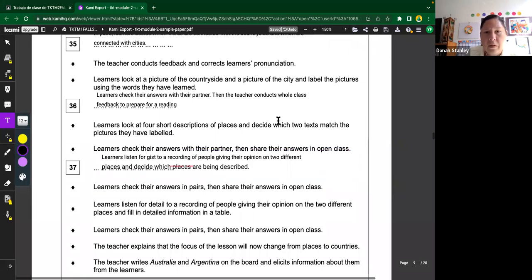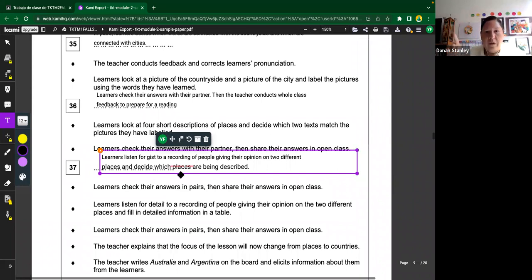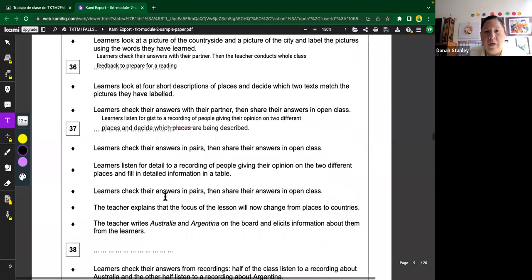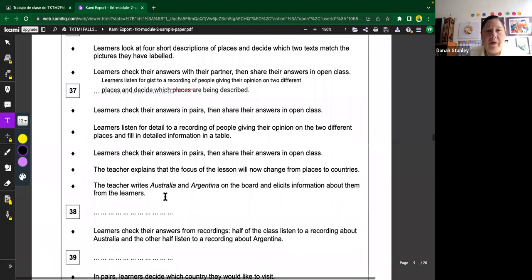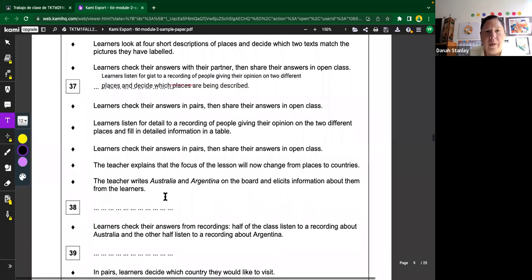Entonces, check. Los que ya levelearon, luego check with their partner, luego they listen and because of the general idea, decide what place is being described. They check their answers in pairs and as a whole group.